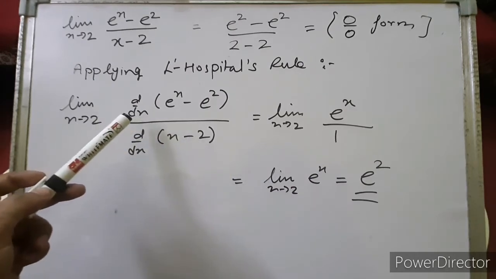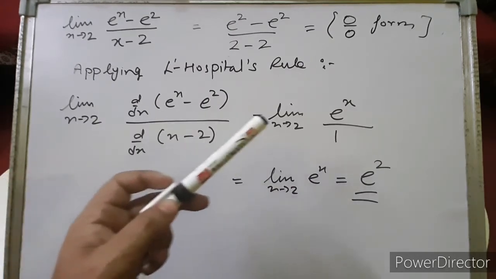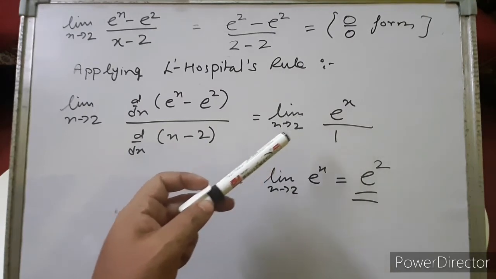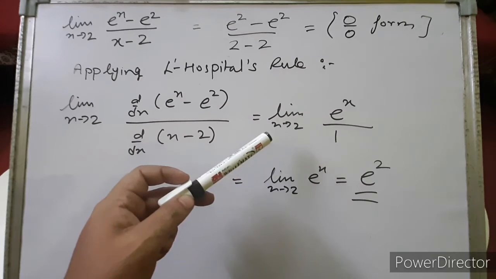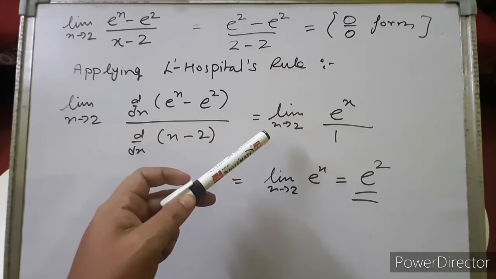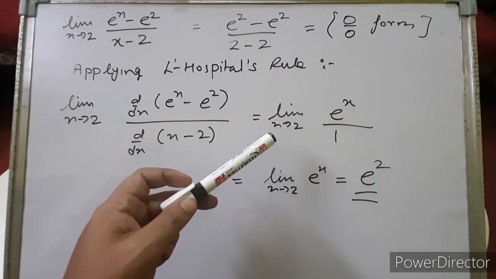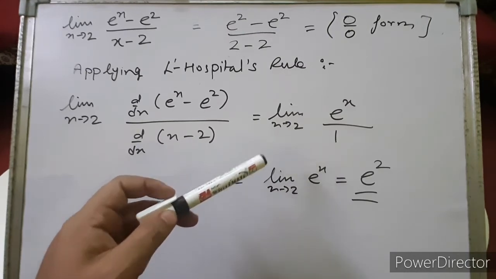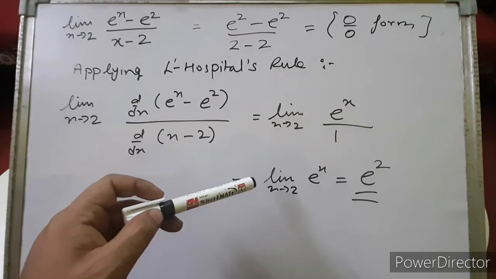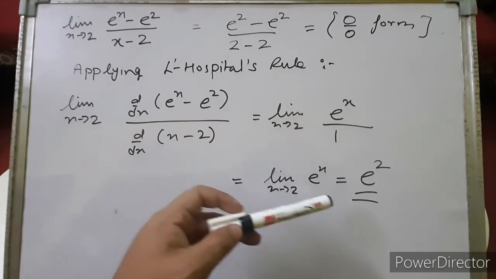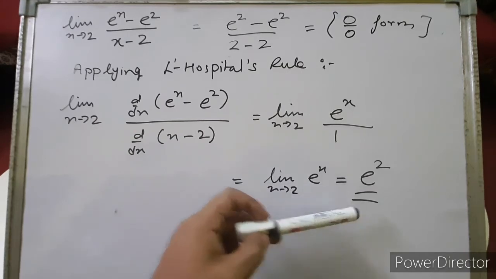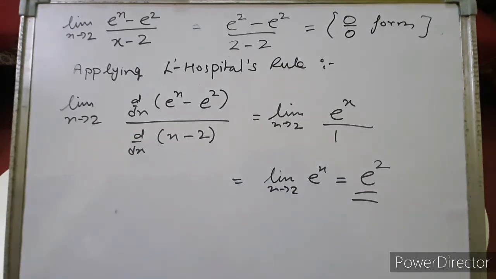We know, children, that d by dx of e to the power x is e to the power x and d by dx of x will be 1. So after differentiation, limit x tends to 2, e to the power x upon 1. When we put x equals 2 here, we'll get e square. And that will be the result. Right, children? Note down this sum.